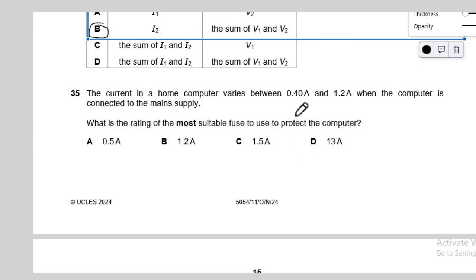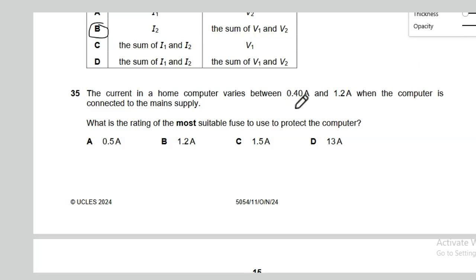Question 35. The current in a home computer varies between 0.4 ampere and 1.2 ampere when the computer is connected to the main supply. What is the rating of the most suitable fuse to use to protect the computer? Now 0.5 ampere is not correct since it is within the range of the home computer, and 1.2 ampere is also not correct since it's very close to the largest current.